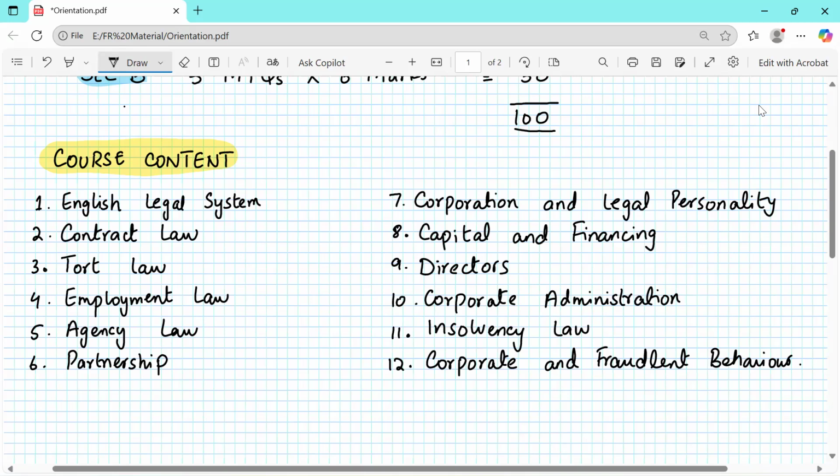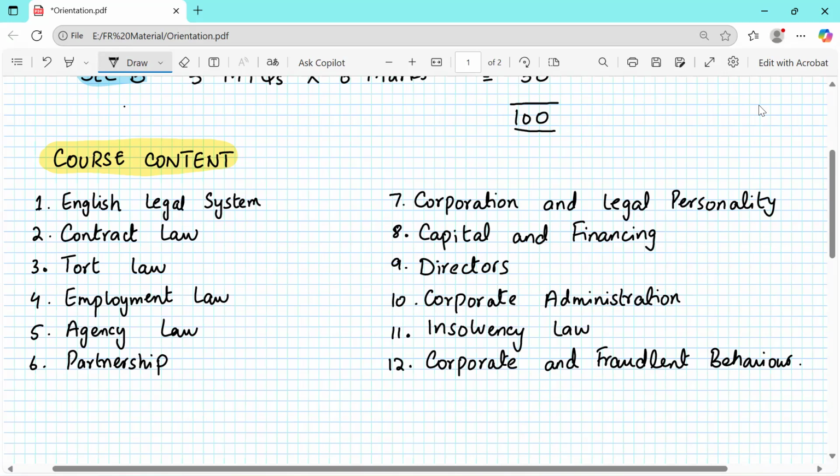How the companies are formed, how the companies are governed, different types of statutory records that need to be maintained. All of this stuff we are going to talk about in corporation and legal personality. This chapter 7 again is a lengthy chapter in this course. So out of all 12 chapters, chapter 2 and chapter 7 are the lengthiest chapters in this course. All the rest of the chapters are not as lengthy as chapter 2 and chapter 7.